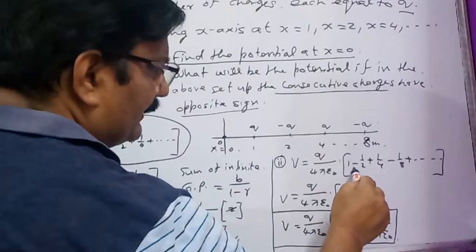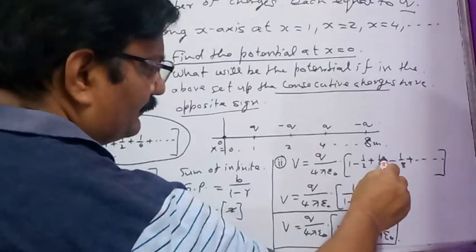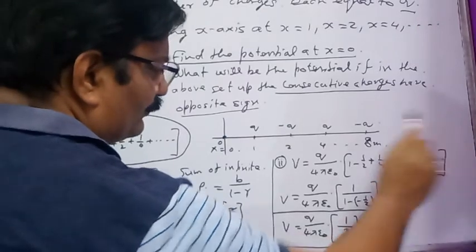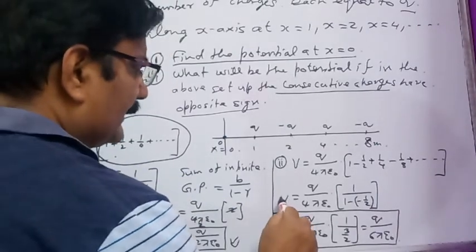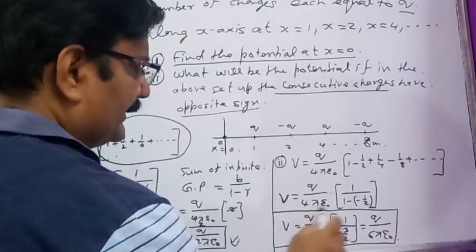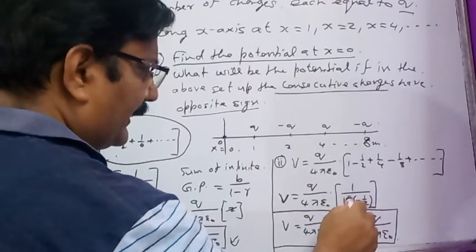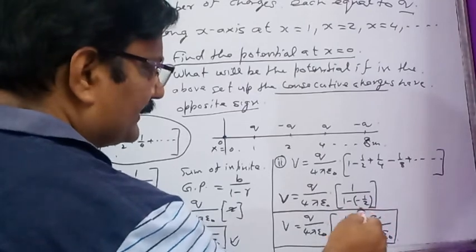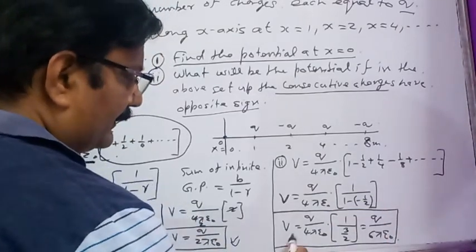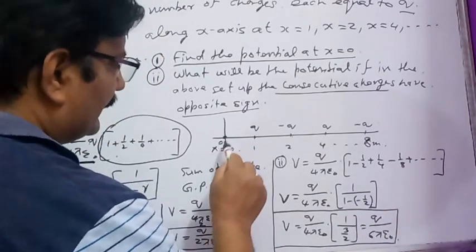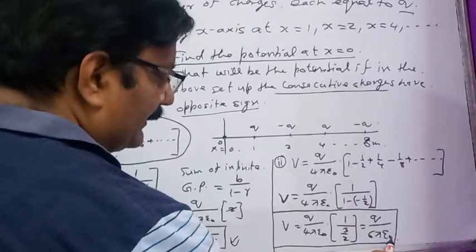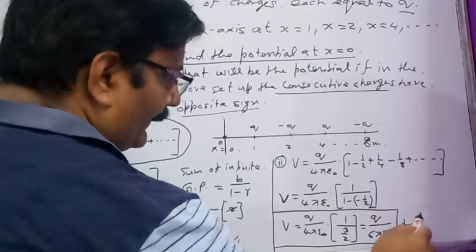What is going to be the GP? 1 minus half plus 1 by 4 minus 1 by 8 plus 1 by 16 and so on. So in this case, the sum of the GP is going to be 1 divided by 1 minus half. So common ratio is minus half. In that condition, potential at the origin, that is x equals 0, is going to be Q divided by 6 pi epsilon naught after calculation.